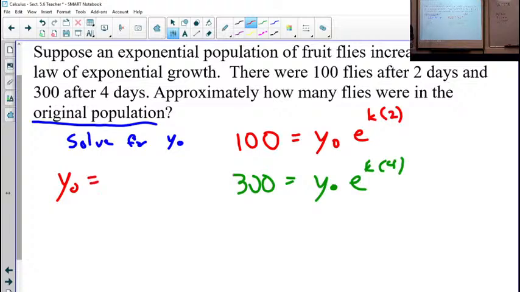I wasn't looking and I forgot what color I was using. One second. I'm saying, are we good with that?